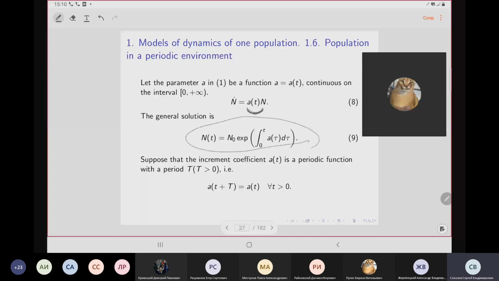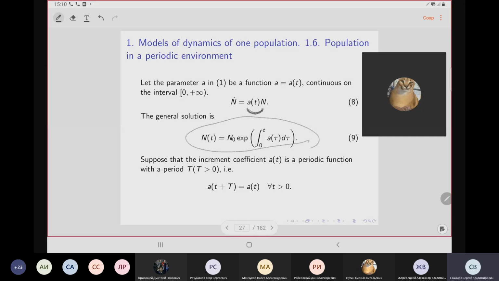So an interesting question. If our environment provides some oscillating conditions, like the changing of the time of the year, when in winter the conditions are bad and in summer the conditions are good, then our population growth depends on these conditions.